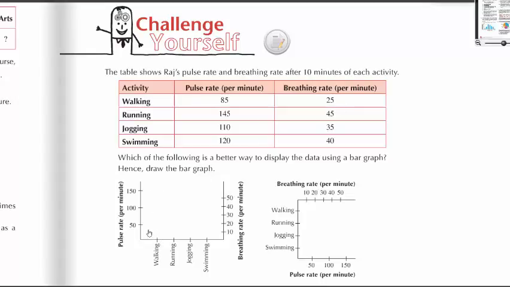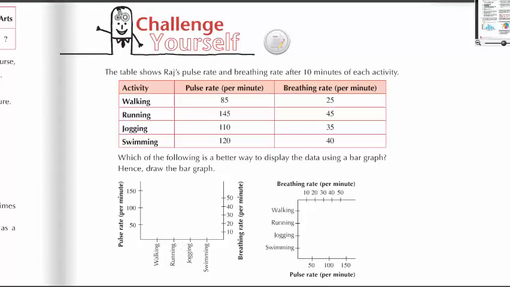So you should draw two bars with different colors side by side joining together on top of walking. And the same for running. You should draw two bars of different colors because one is the pulse rate and one is the breathing rate on top of running. So the first bar will be 145 somewhere here, and then the second bar will be 45, which will be somewhere here, close to 50.